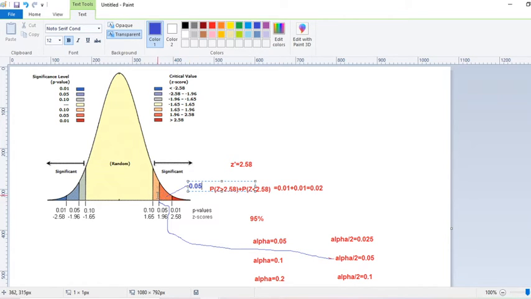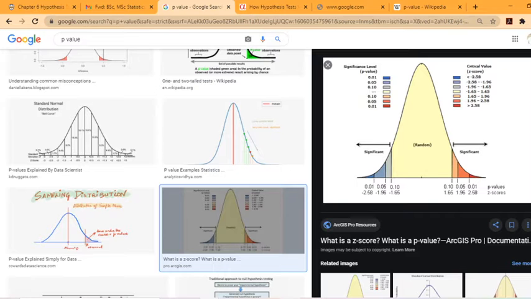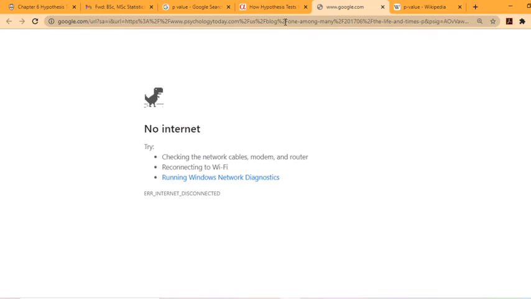So in that case, from the standard normal table, you can identify that this point will be 1.96. That means corresponding to area, we can find the value of the statistical value. For finding that statistical value, you can search for the statistical tables.